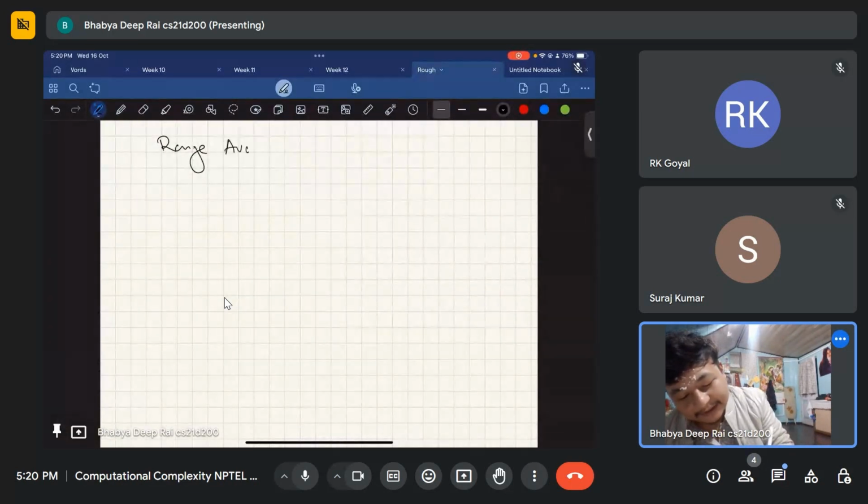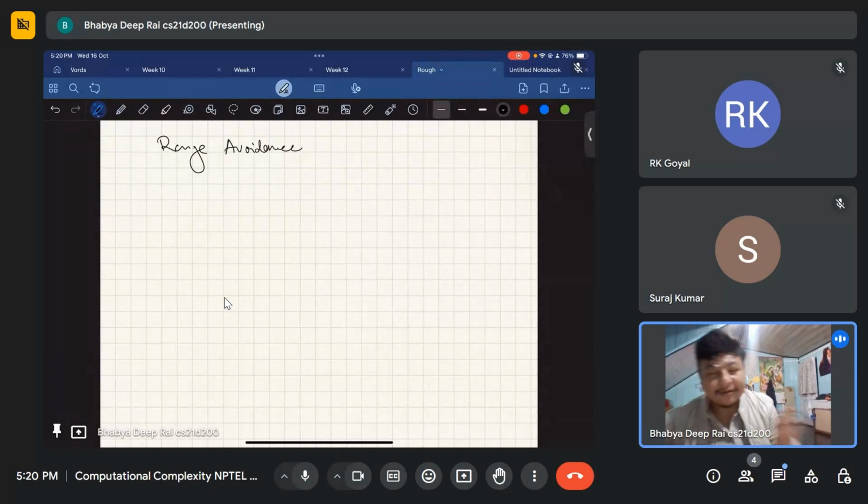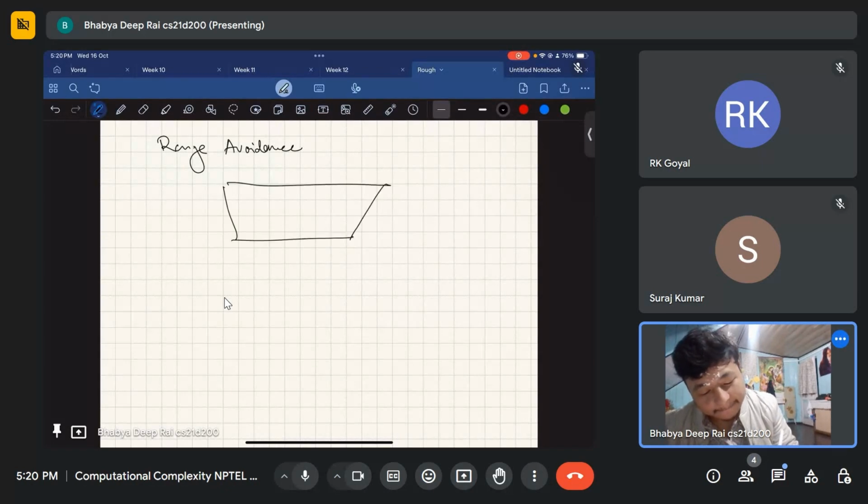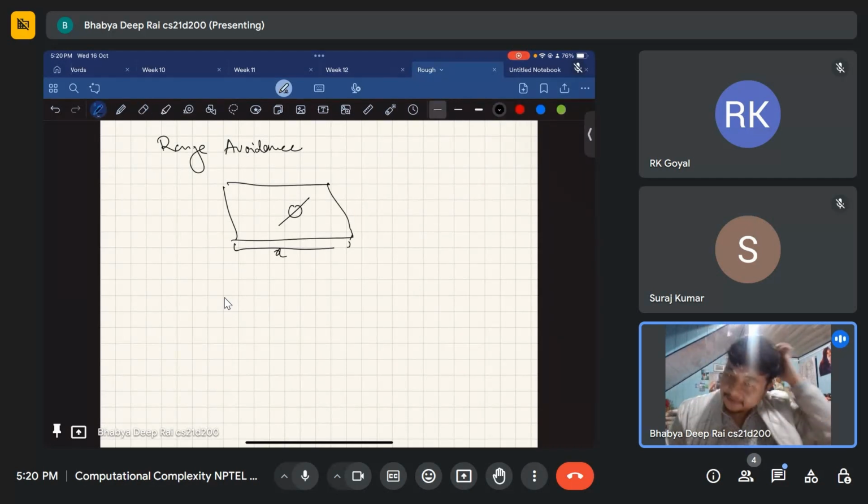Range avoidance. It's also closely related to meta complexity. You are given a multi-output circuit. There is an input, you have input bits, and the multi-output circuit is such that the number of outputs is strictly less than the number of inputs.